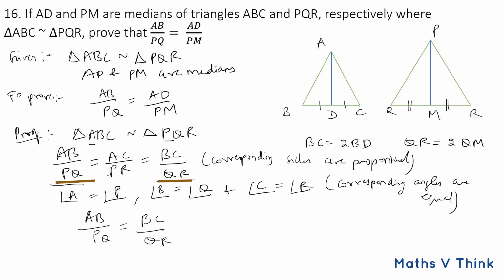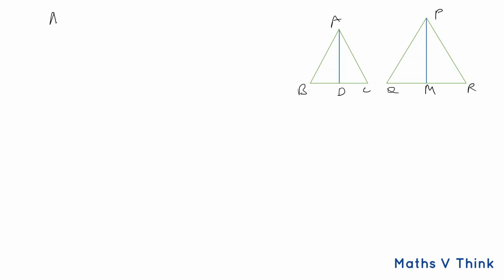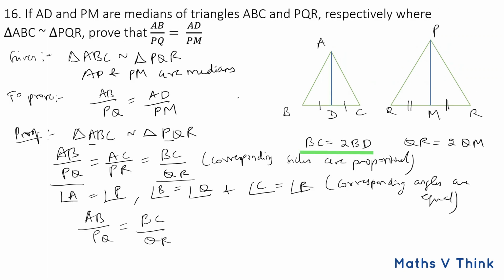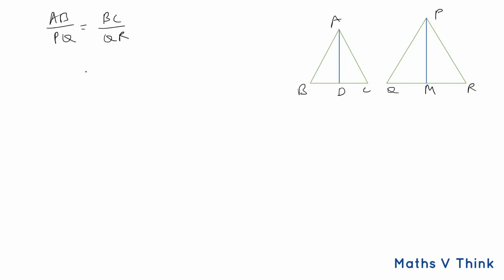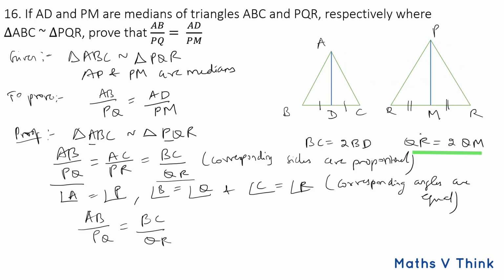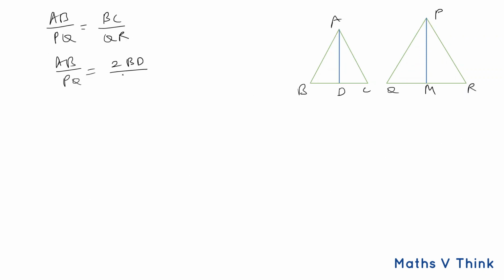Why? Because I did not require this AC by PR, because I need to prove the similarity of this triangle and this triangle. So AB by PQ is equal to BC by QR. Now in place of BC, can I write 2BD? Same way in place of QR, I'll be writing 2QM. 2 gets cancelled.